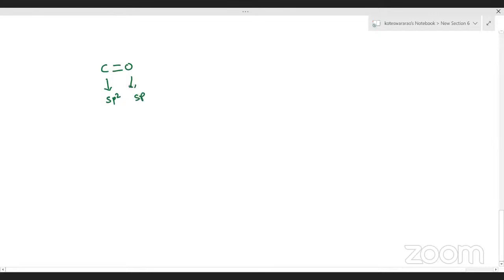Coming to the orbital structure of the carbon, according to the hybridization it has sp2 hybridization. That means a total of 3 sp2 hybrid orbitals and 1 unhybridized orbital.